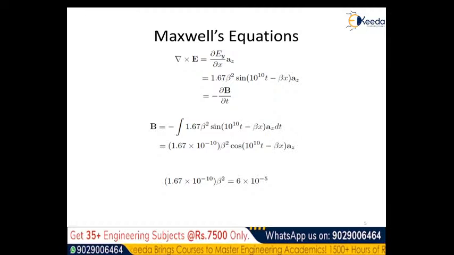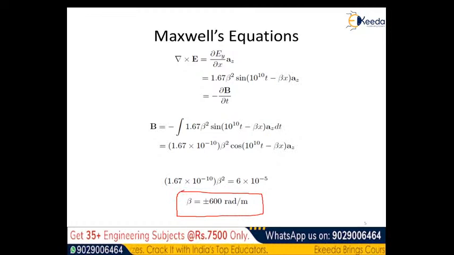As we have only one unknown, we isolate that unknown on the left hand side. So this equation implies that beta, the phase shift constant, is equal to plus minus 600 radians per meter. Per meter is the unit for the phase shift constant denoted by beta. So here it is the last value we were asked to determine as per the problem statement.